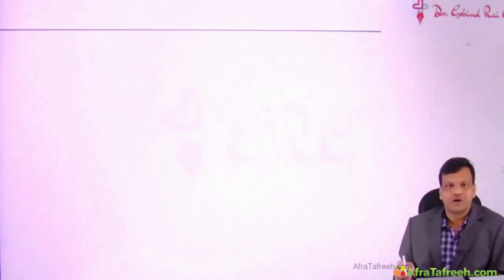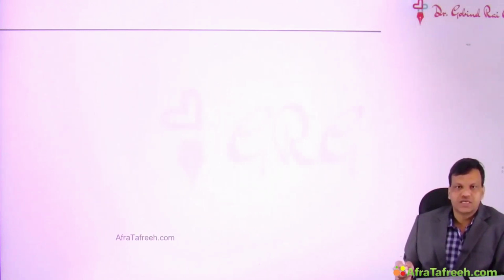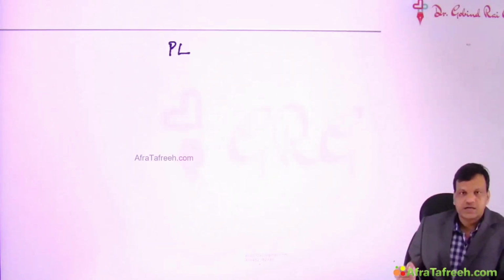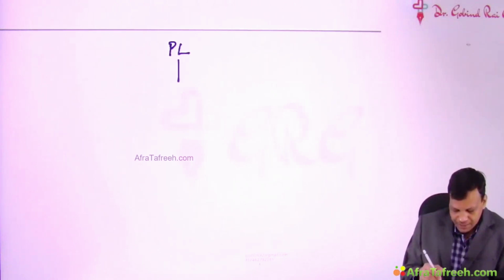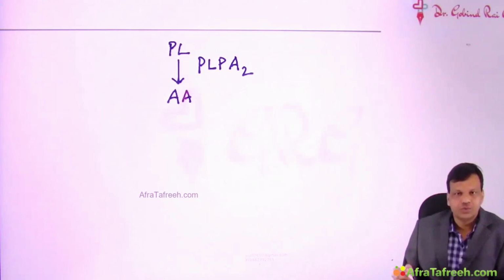Earlier we discussed prostaglandins, how they are synthesized and what are their functions. Now we will discuss the drugs which can inhibit the formation of prostaglandins. So if we revise, prostaglandins are formed from membrane phospholipids, which are metabolized to form arachidonic acid with the help of the enzyme phospholipase A2.